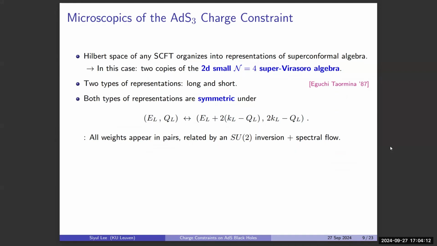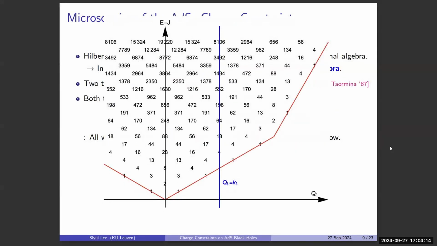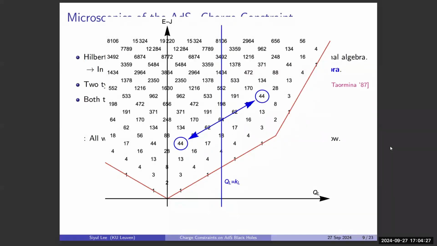So this can be visualized as this. The numbers represent the degeneracy of states in one typical short 2D N=4 representation. And the Z2 flipping that I showed you earlier corresponds to this tilted mirroring around this blue axis in the center, which is the QL equal to KL line. So for example, there are 44 states with this value of E left and Q left, and there are the same number of states with this value of E left and Q left.